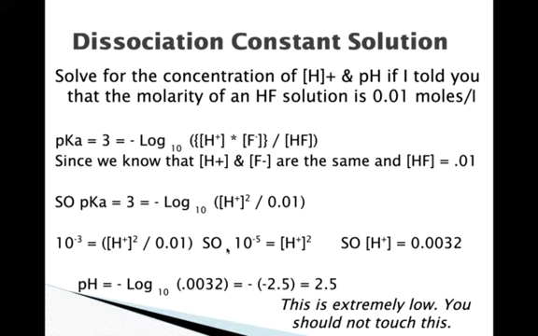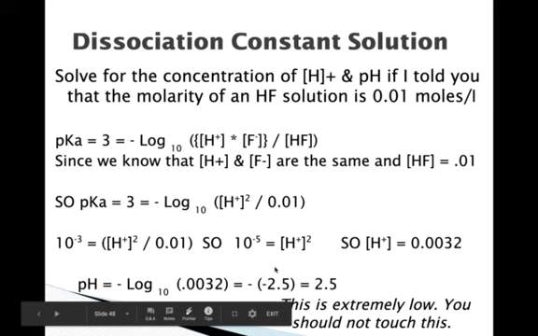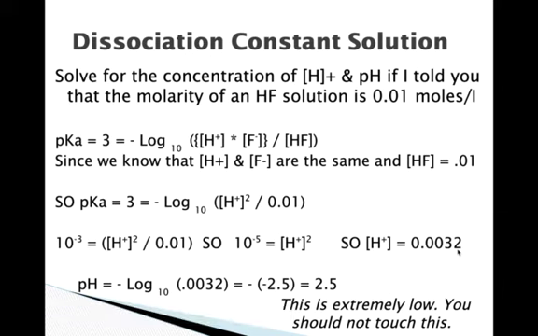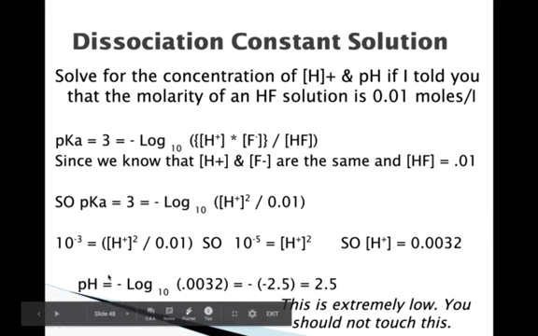And now we can solve for this. Multiply both sides by 0.01 and take a square root to get a concentration of hydrogen ions. Finally, we can put this back into our pH formula. The negative log base 10 of that concentration of hydrogen ions gets us our pH value of 2.5.